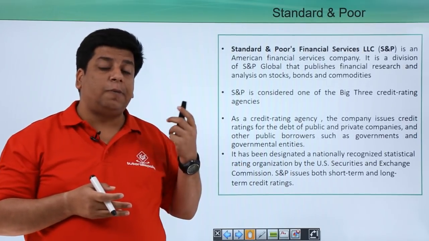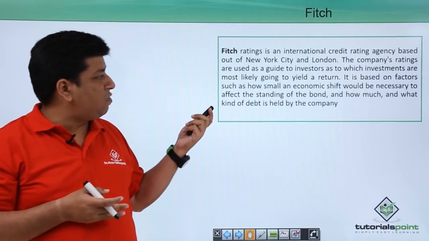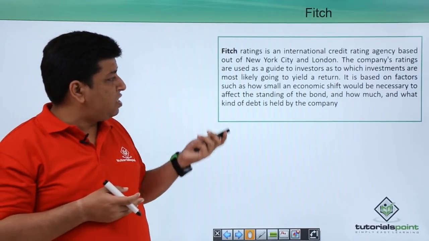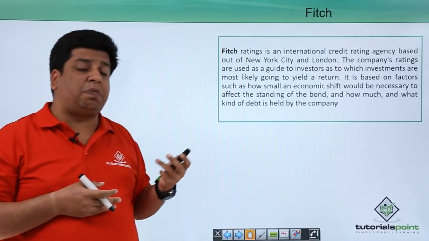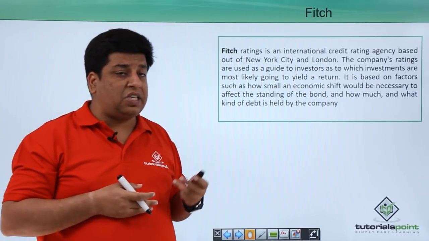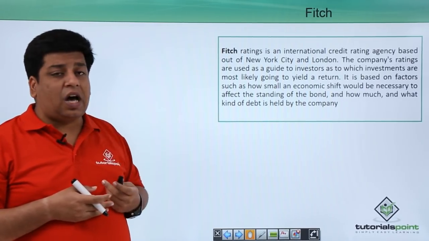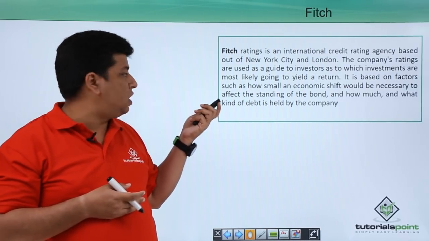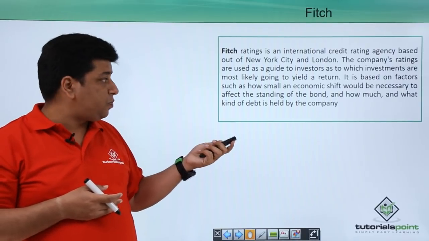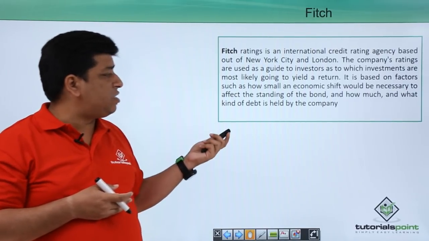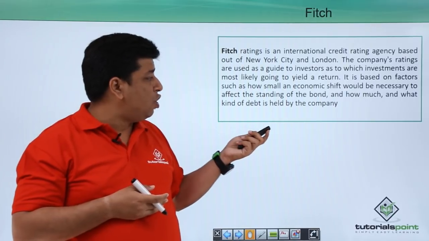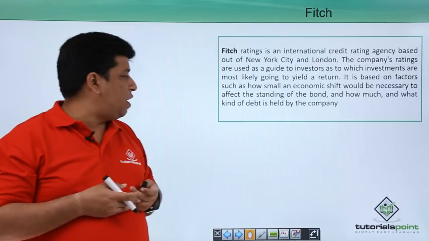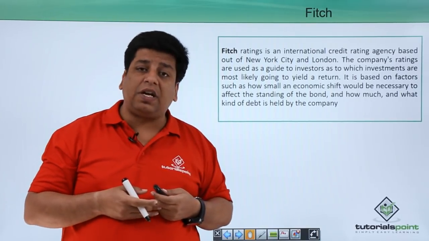The third rating agency, which is very popular in the world, is Fitch. Fitch Ratings is an international credit rating agency based out of New York City and London. The company's ratings are used as a guide to investors as to which investments are most likely to yield a return. It is based on factors such as how small an economic shift would be necessary to affect the standing of a bond, and how much and what kind of debt is held by the company.